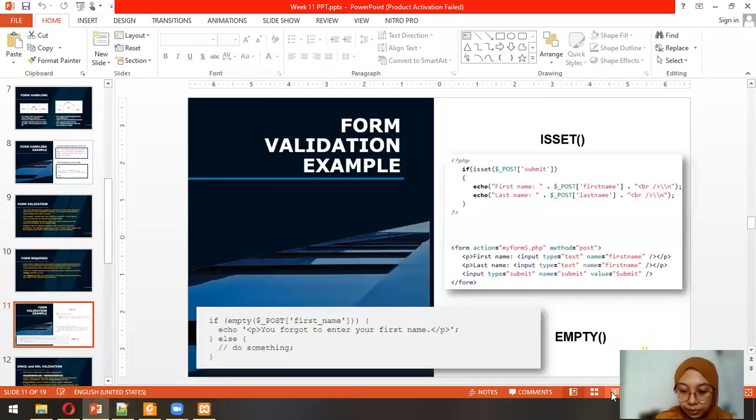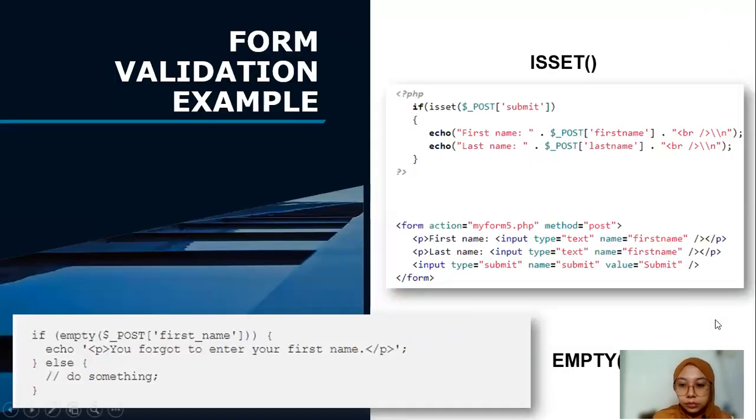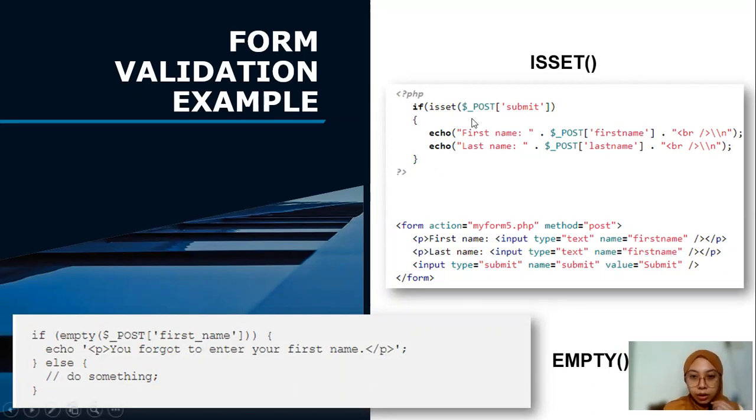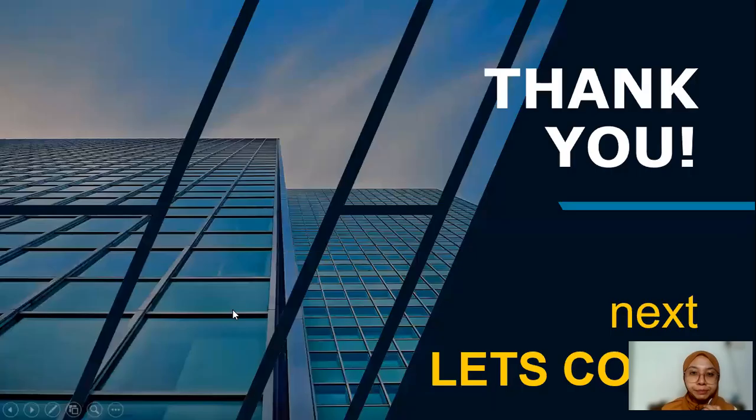Okay, this is the example. With isset we do it like this, but for empty, we just need to check the input. So empty first and then the name of the input. It depends: if you are using post, you use $_POST; if you are using get, you write $_GET.